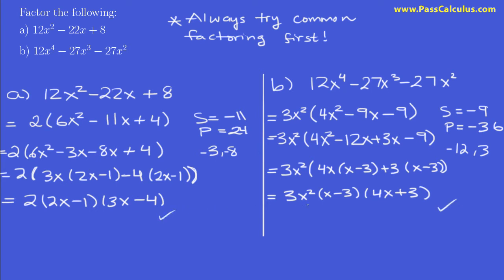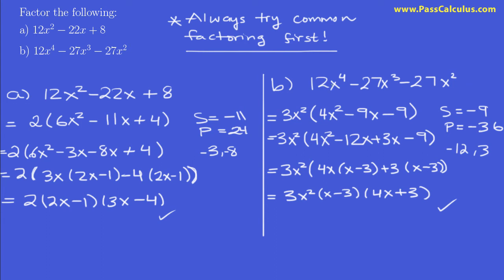So again, the point of this video was just to remember this, that you always want to try to pull out a common factor first before you do anything. We could have tried trinomial factoring in part A right away, but the numbers, as we saw, were big, and after we pulled out the 2, the numbers became smaller and they're more easy to handle. And here, this is not even a trinomial.